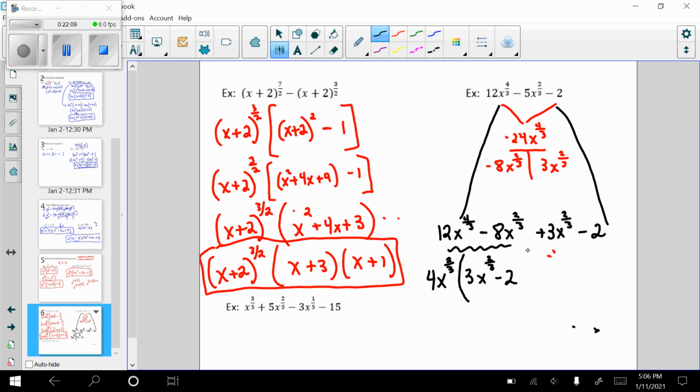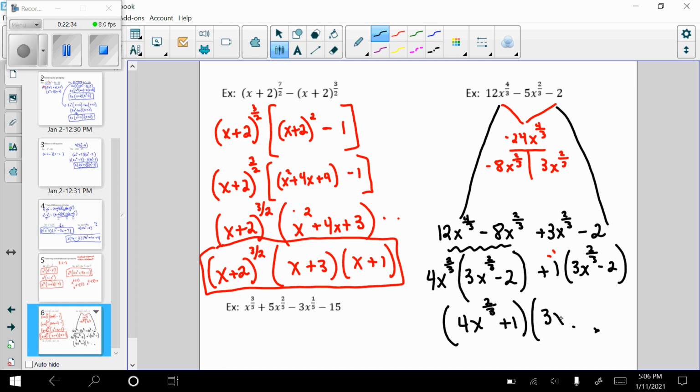So that's just 3x to the 2/3 minus 2 plus 1 times 3x to the 2/3 minus 2, which is 4x to the 2/3 plus 1 times 3x to the 2/3 minus 2. Now, wasn't that one fun?